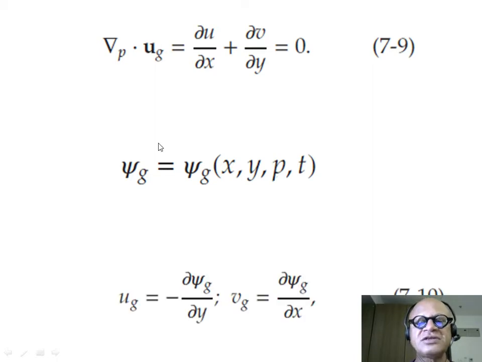So in that case, you can define the geostrophic currents as the gradients of the stream function: ug is minus d psi g/dy, and vg is d psi g/dx, right? That looks just like dz/dy and dz/dx, because height contours on a pressure surface are stream functions of geostrophic flow.